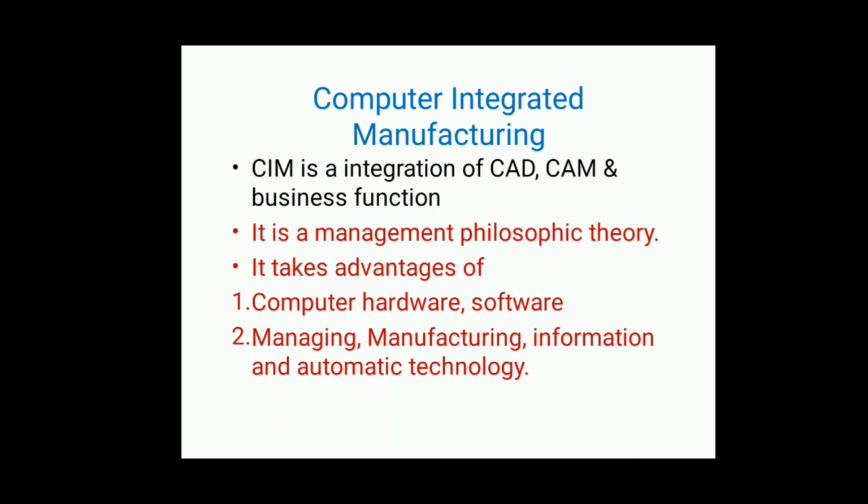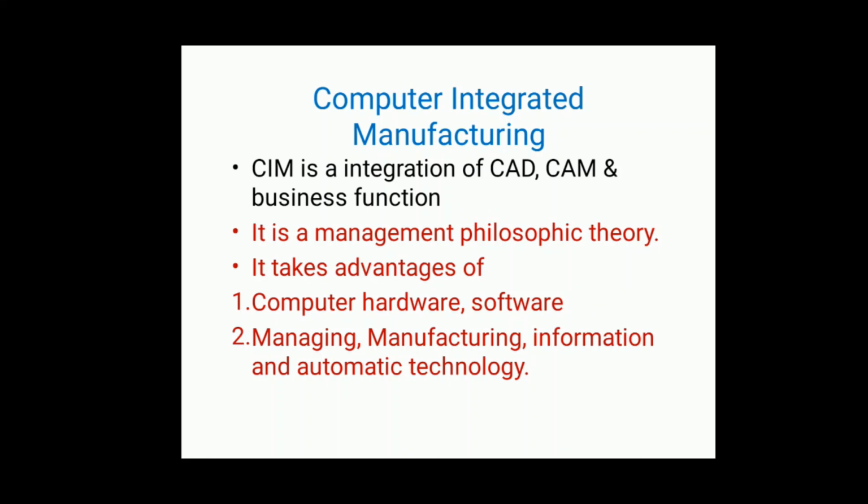So these are the benefits of computer integrated manufacturing, using computer hardware and software, managing manufacturing information and automation technology. Computer integrated manufacturing has the capability to largely automate flexible manufacturing by coordinating work cells, robots, automatic storage and material handling systems.